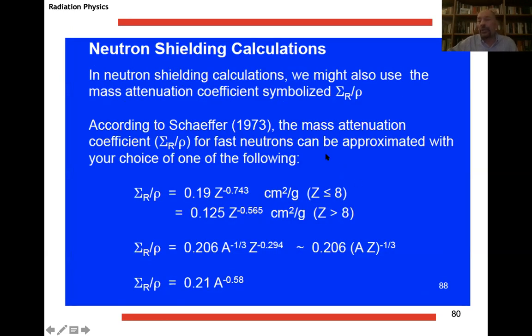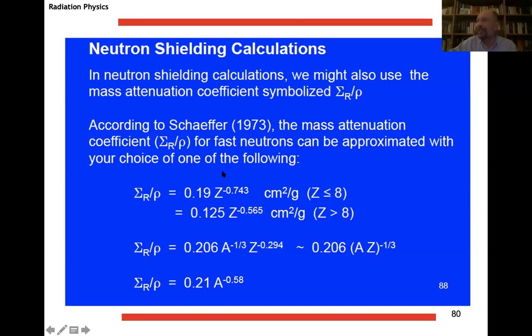Then, of course, you can have more accurate calculations of the mass attenuation coefficient, as I was telling you before. And there are rules. For example, for fast neutrons, Schaffer produced some equations that can give you the mass attenuation coefficient in different materials, depending on the atomic number and on the mass number of the material, that give you approximate values of the mass attenuation coefficient in different materials.